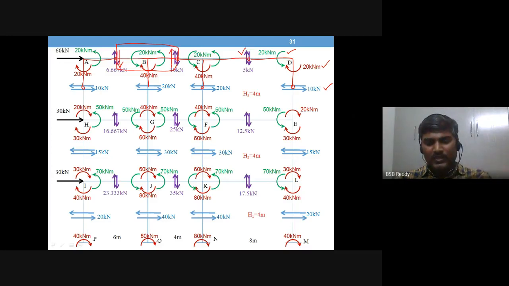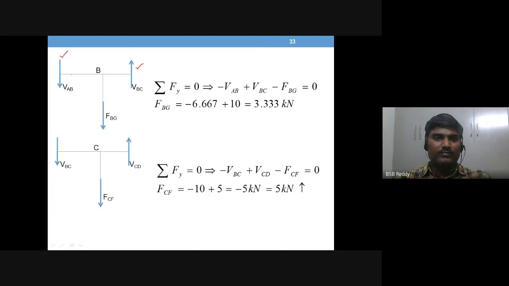That you should take to your diagram. You see, downward, upward. So the value and the direction you must bring as it is from the earlier solution. Do not commit any mistake at this point, right?